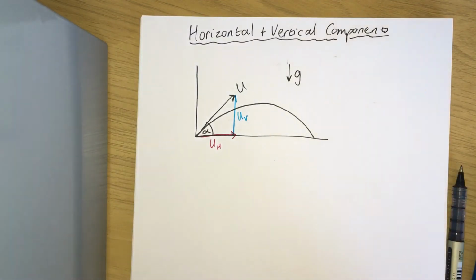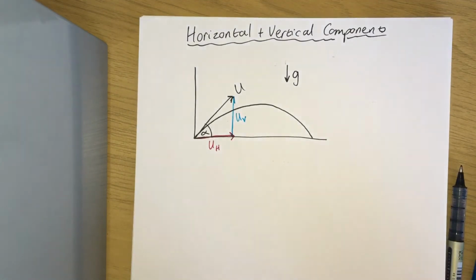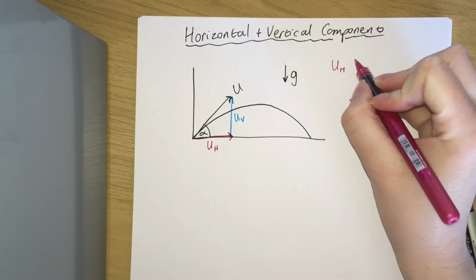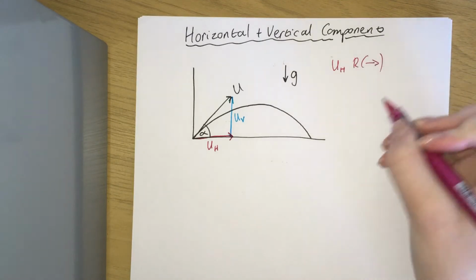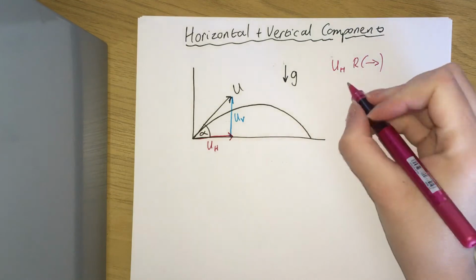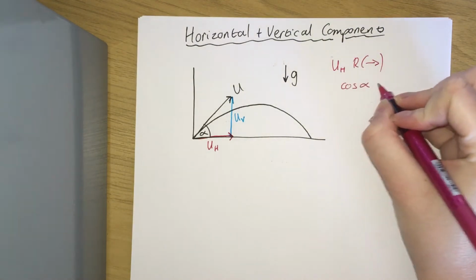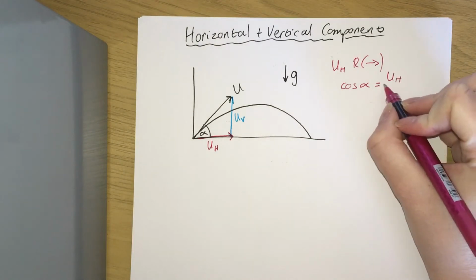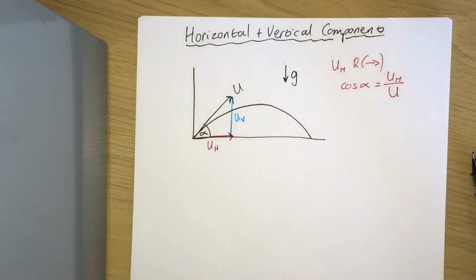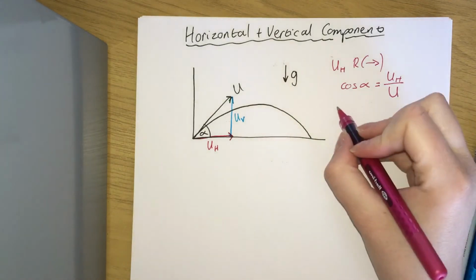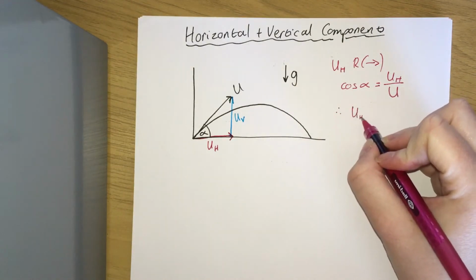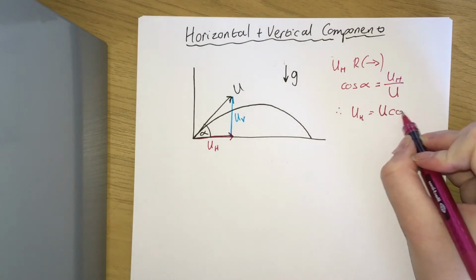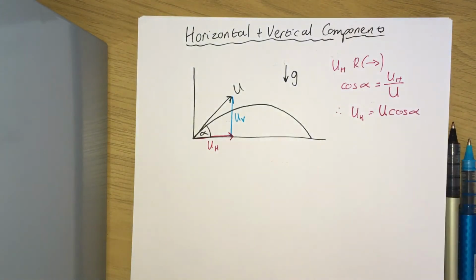So with our horizontal velocity, this is us resolving horizontally, well, I know cos of theta is going to be equal to our horizontal velocity over our overall initial velocity. So therefore our horizontal velocity is our overall initial velocity multiplied by cos alpha.